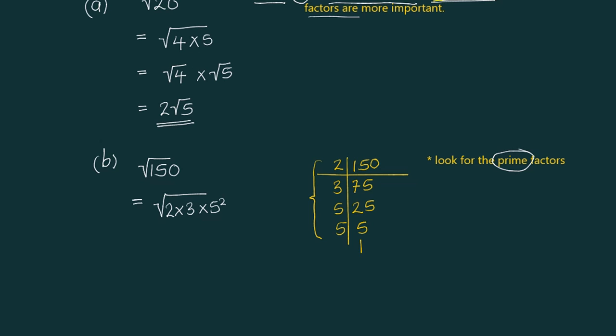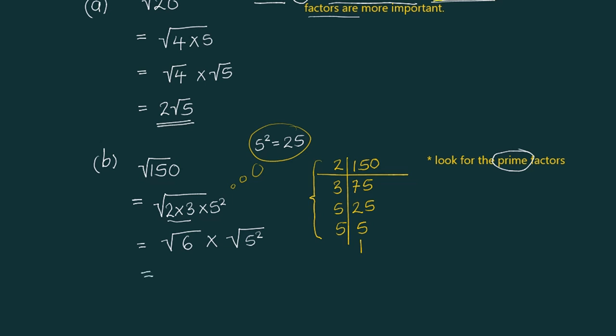Remember, 5 squared is equal to 25, right? And the square root of 5 squared is 5. The square root of 25 is 5. So since 2 multiplied by 3 gives us 6 and is not a perfect square factor, we can express these as separate square roots. That is the square root of 6 multiplied by the square root of 5 squared, which is 25.